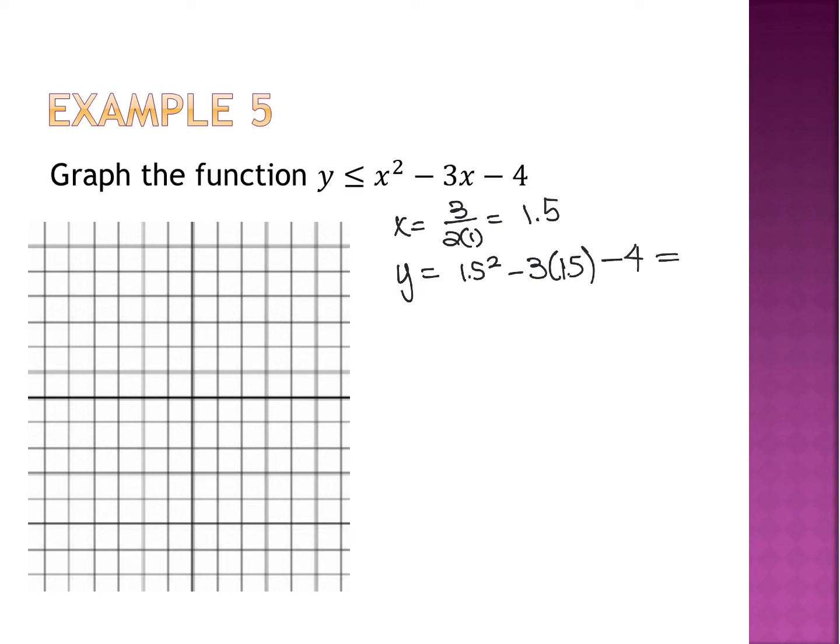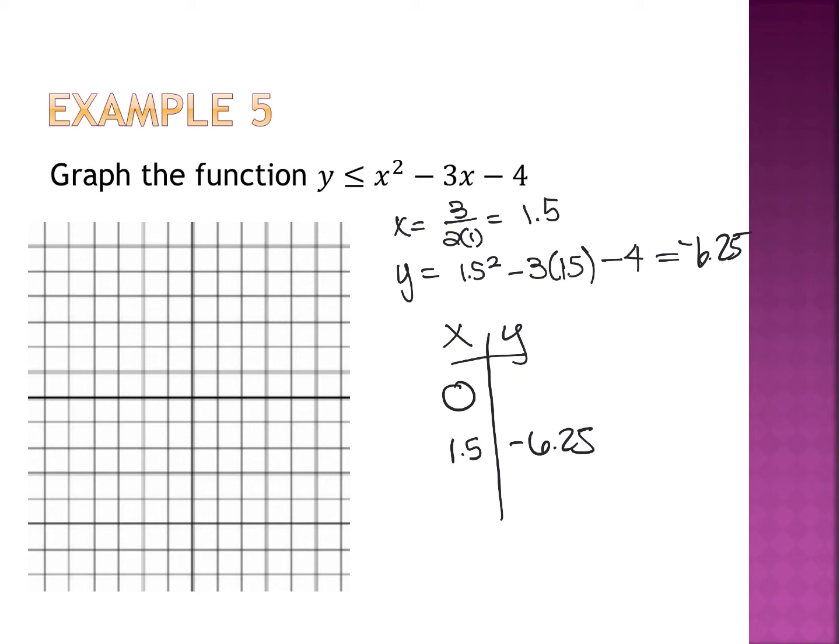And when I do that, I end up with a negative 6.25. So now when I go to set up my table, I'm going to put my vertex in the middle, which is 1.5, negative 6.25. I'm going to pick some points that work out nice. And in this case, I'm going to pick a 0.